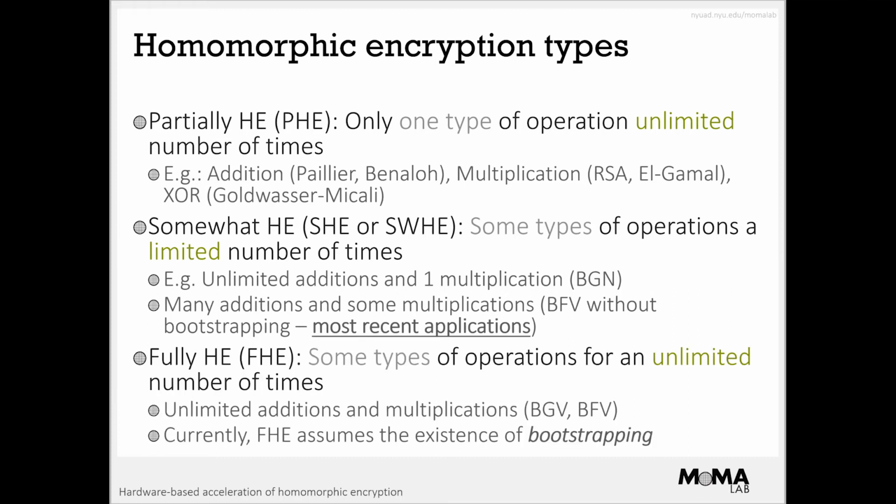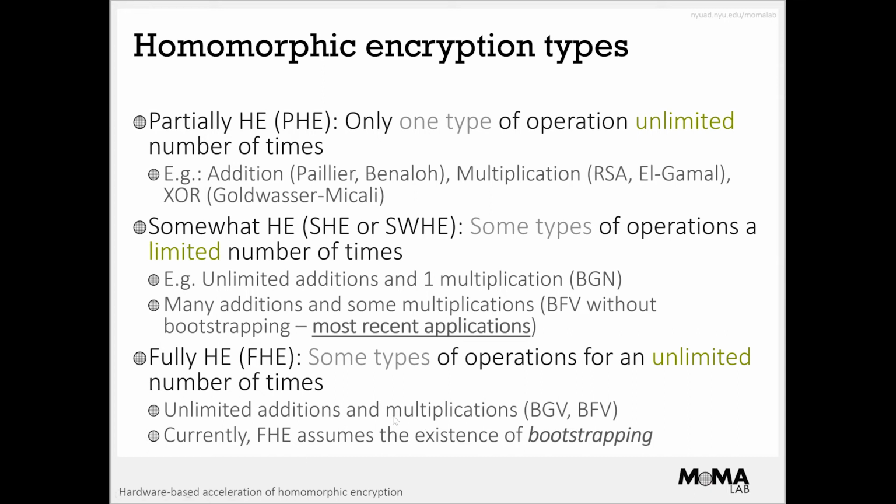And then the most unrestricted one is fully homomorphic. It's the last one that allows some types of operations for an unlimited number of times. So fully homomorphic is the all-encompassing one where you can do all applications. Well, all applications can be represented by a circuit.